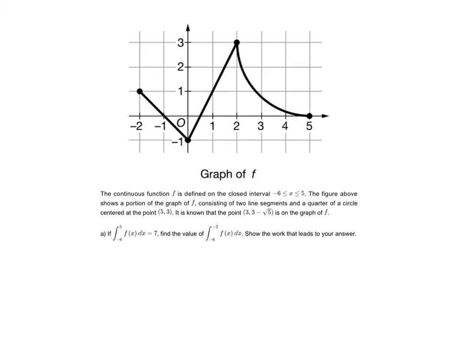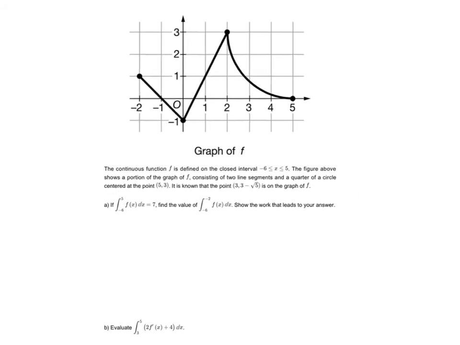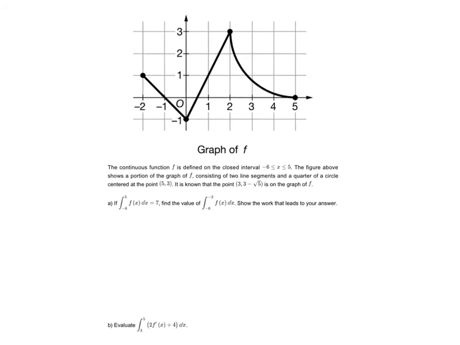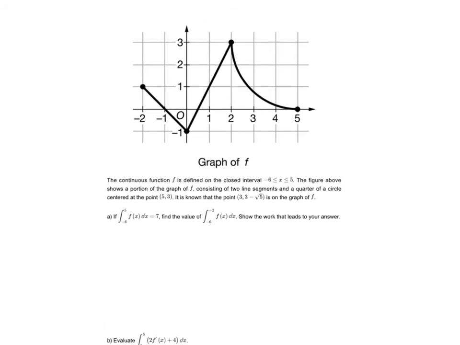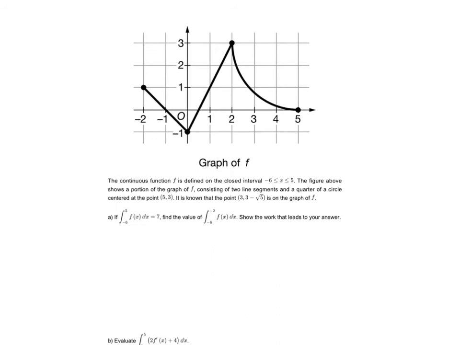Okay, another graph of f, a very similar problem, at least to start out with. The continuous function f is defined on the closed interval from -6 to 5. The figure above shows a portion of the graph of f, from -2 to 5, consisting of 2 line segments and a quarter of a circle centered at 5, 3.